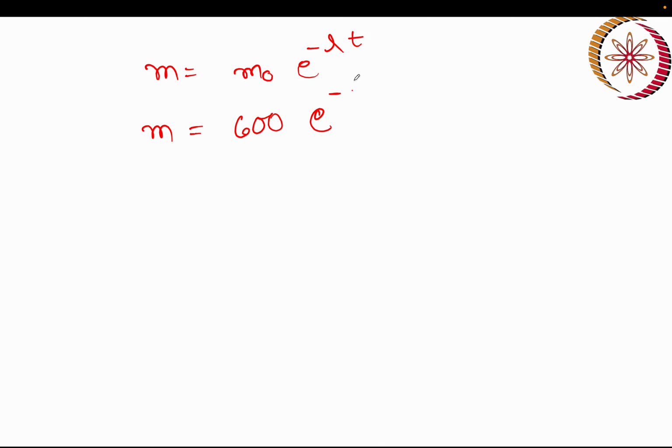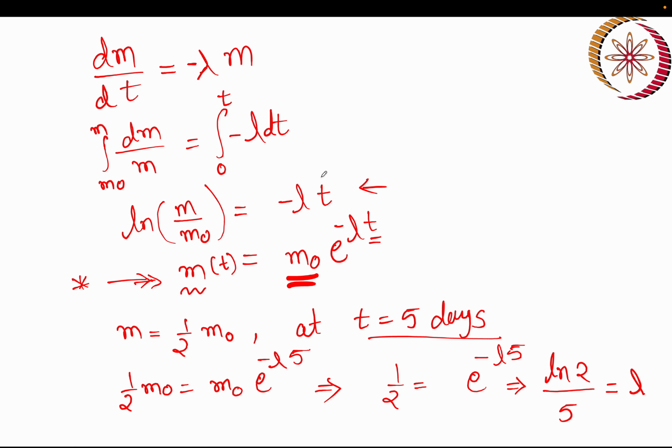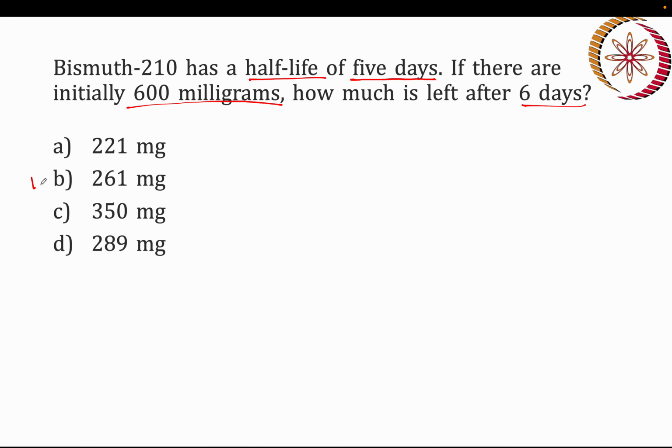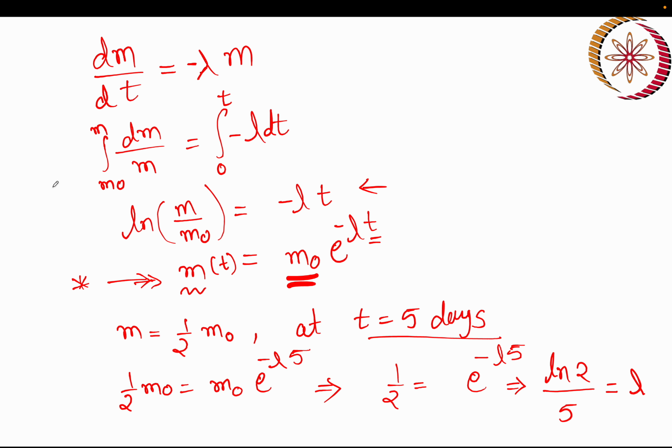We can substitute the log 2 by 5 value directly here, and time is 6, and if we do the whole computation, that will be 261 milligram. Yeah, so this is the correct answer. I hope this is clear.